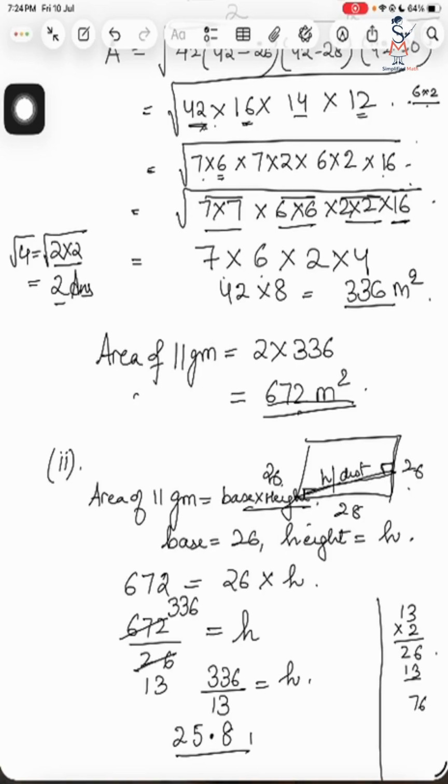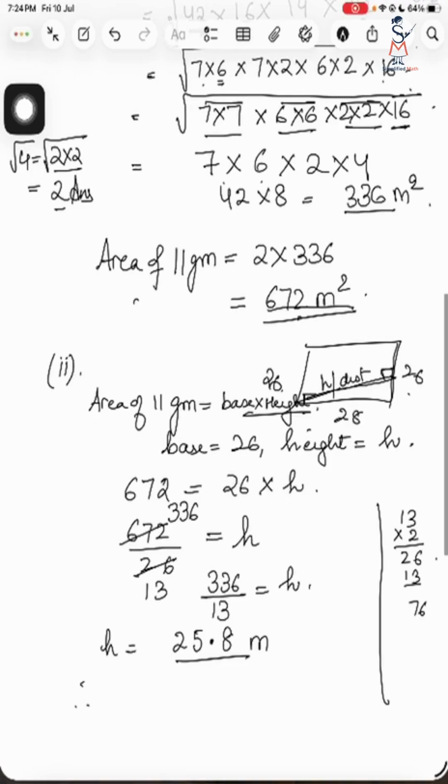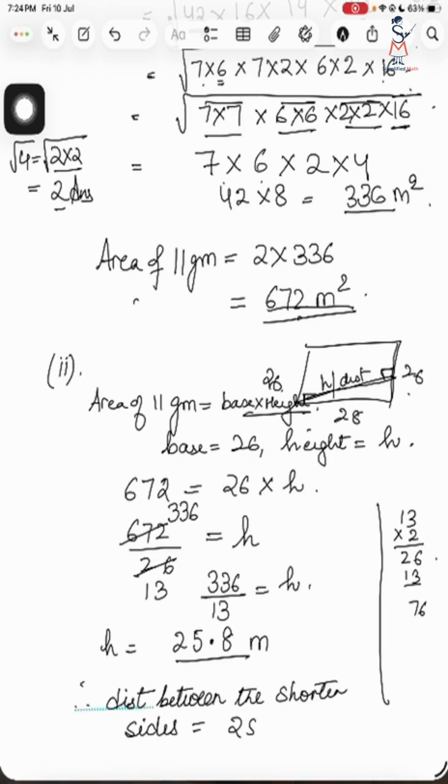So you can write h is equal to 25.8. Therefore the distance between the shorter sides is around 25.8 centimeter.